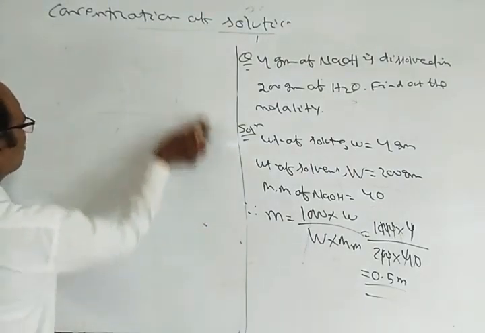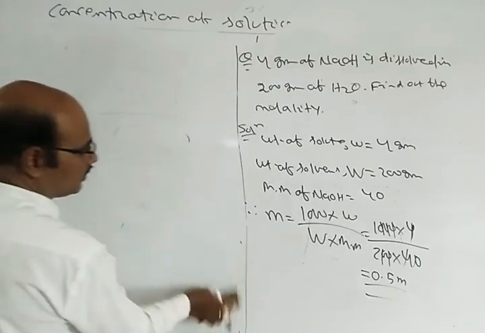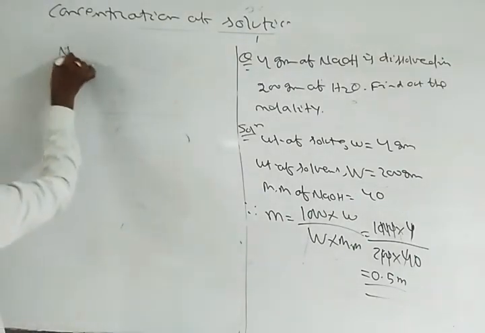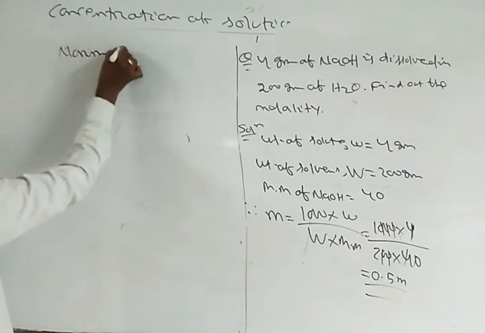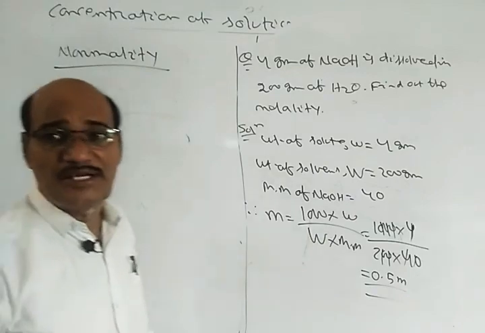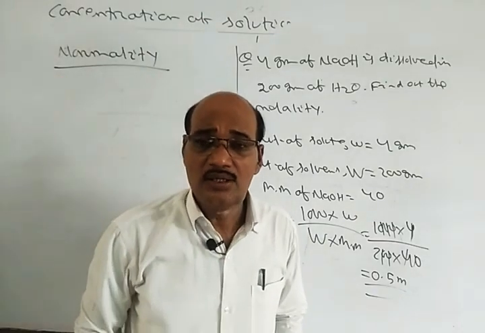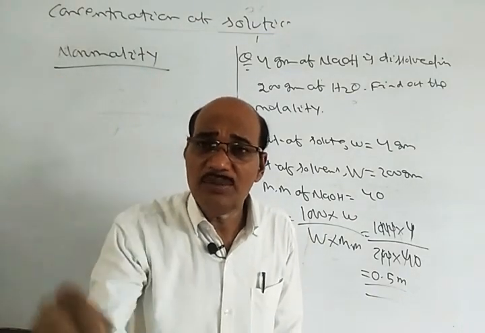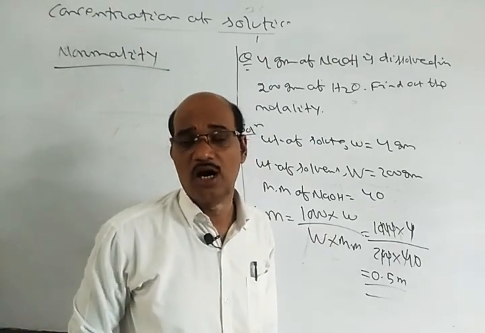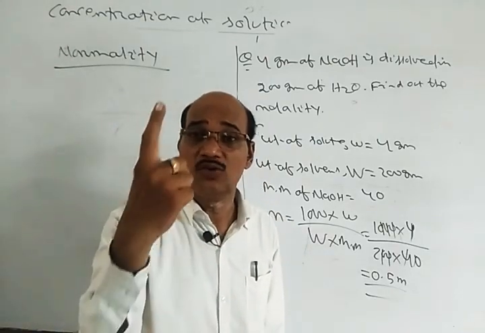we will have the normality. So what is normality? Normality is the number of gram equivalents of the solute present per liter of the solution. How many gram equivalents are there in 1 liter of the solution?